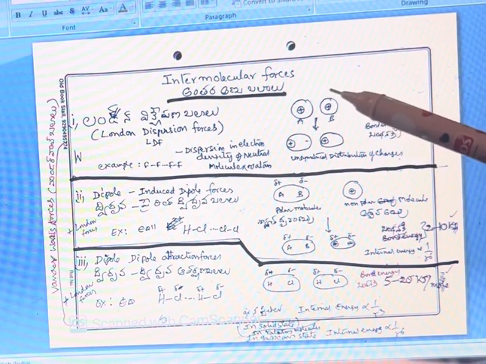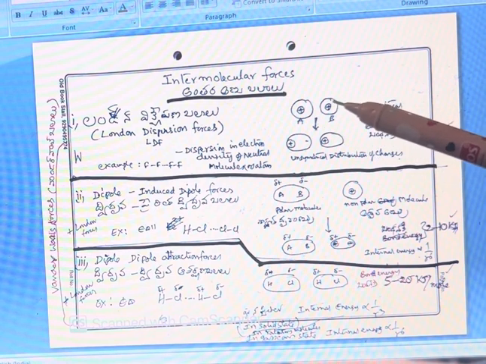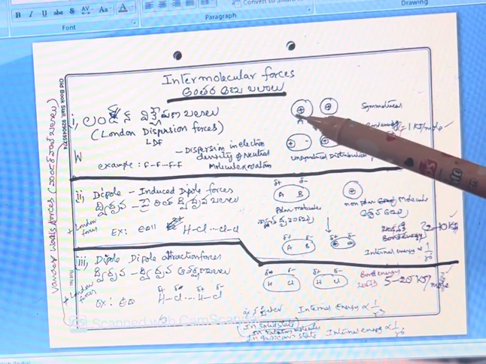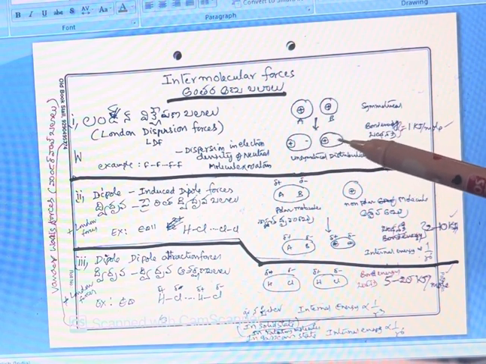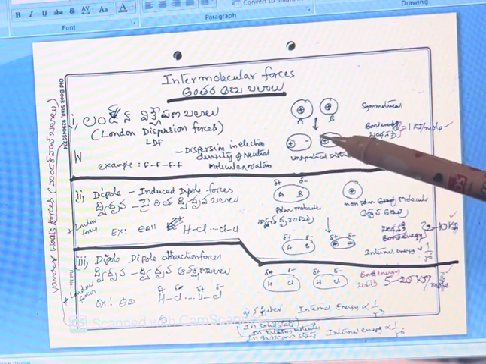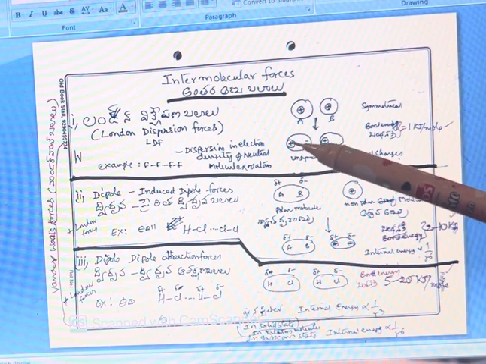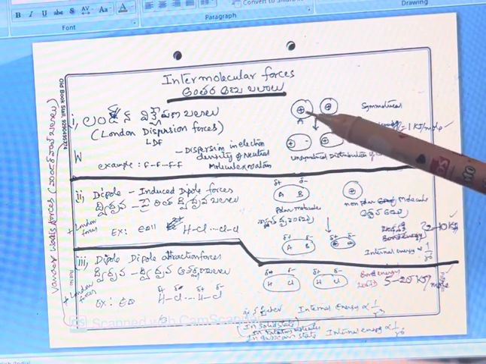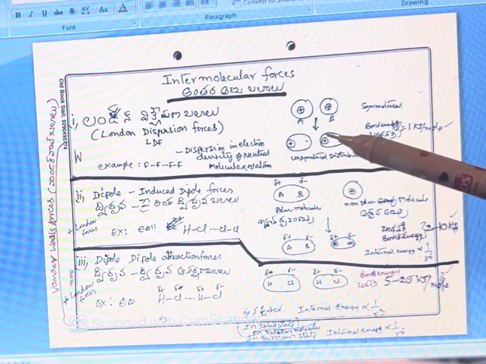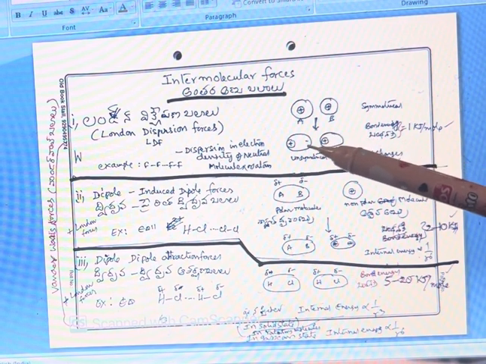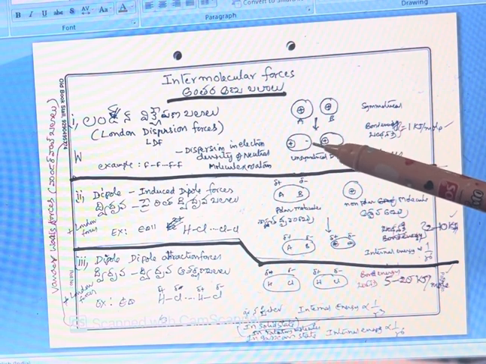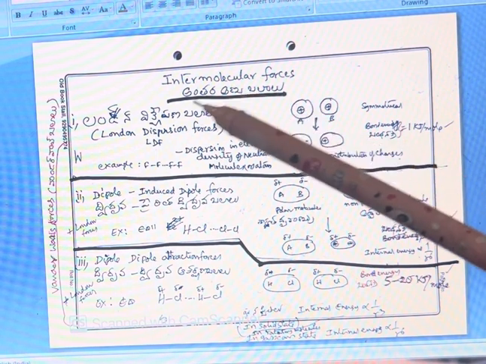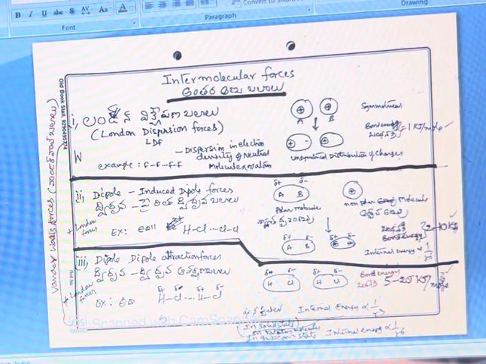So it will be distorted, it will be dispersed. Similarly, the positive charge may attract the electron cloud of the other molecule, so they get positive and negative ends. The negative end of one molecule and the positive end of the other molecule are attracted for a short while, very weakly. So, this is called London forces or dispersive forces.